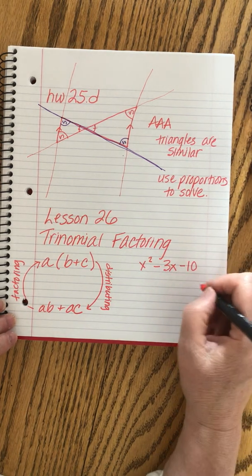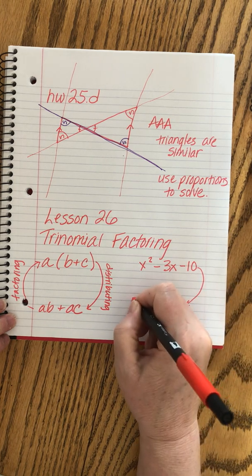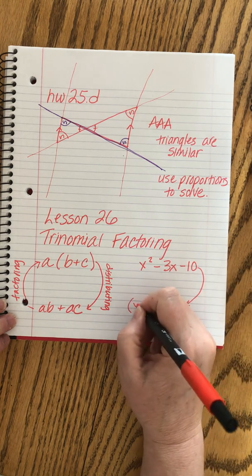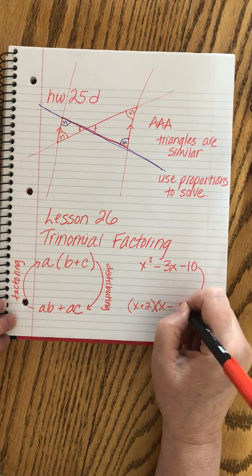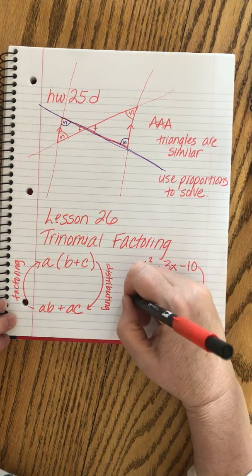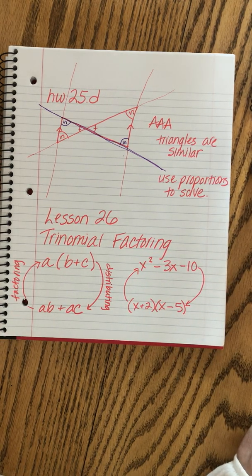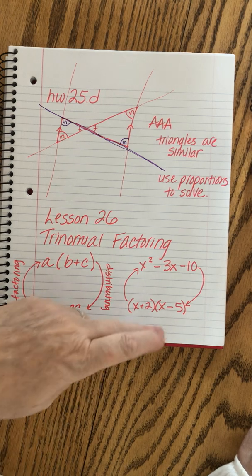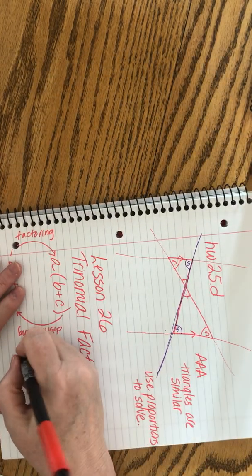You've got it in this form, and then you want to change it into this, right? Going from here to here, we call that multiplying, right? We don't have a fancy name for that. We just call that multiplying.